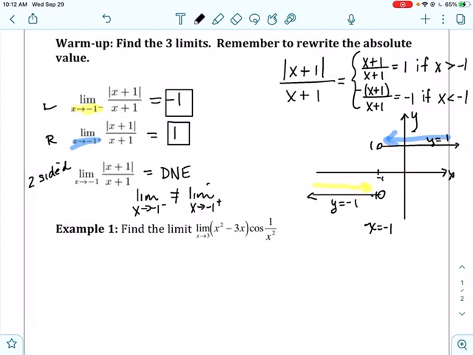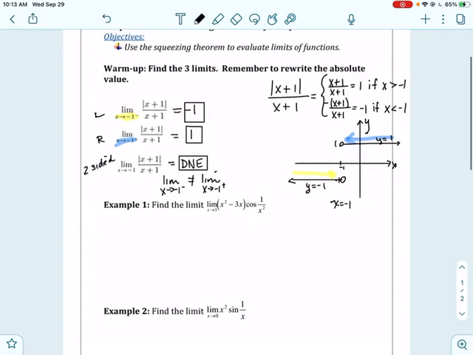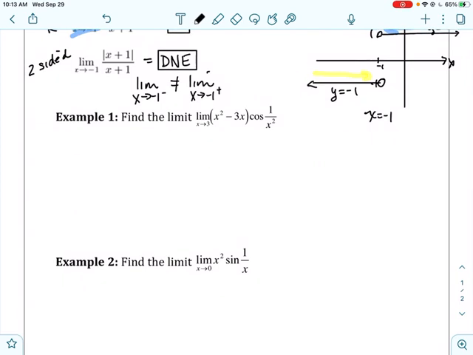Now, the squeeze theorem is an idea I presented a little in class. Say we have a function f of x, and maybe it moves something like this, and then we have a function, we'll call it h of x, and maybe it goes something like this.